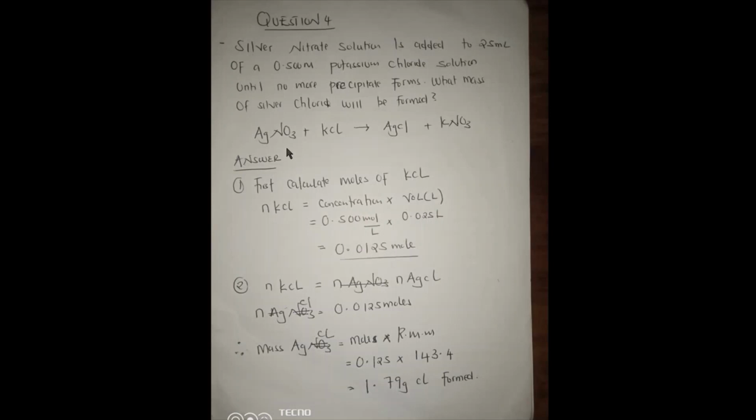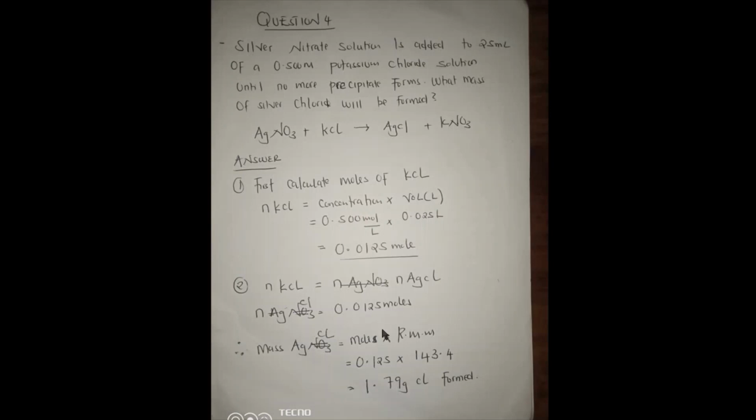Now, the mole to mole ratio of potassium chloride and silver chloride is 1:1, meaning that the number of potassium chloride moles is equal to the moles of silver chloride. Okay, so the number of moles of silver chloride will simply be 0.0125 moles.